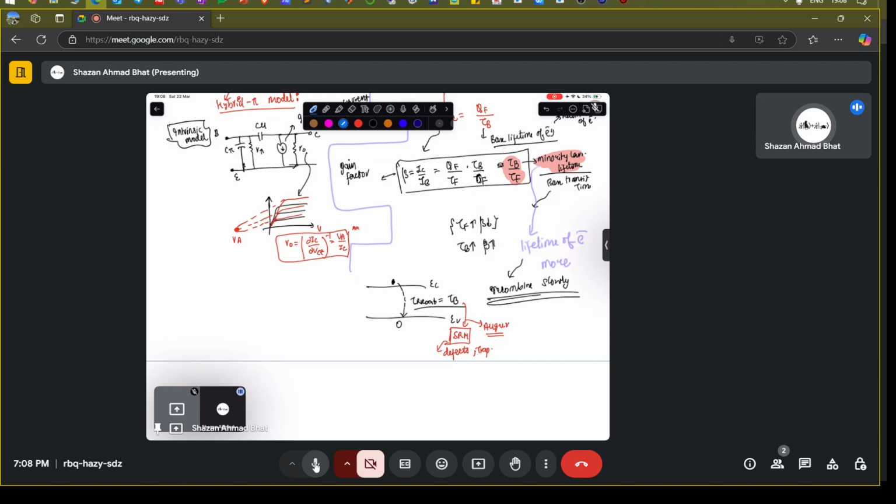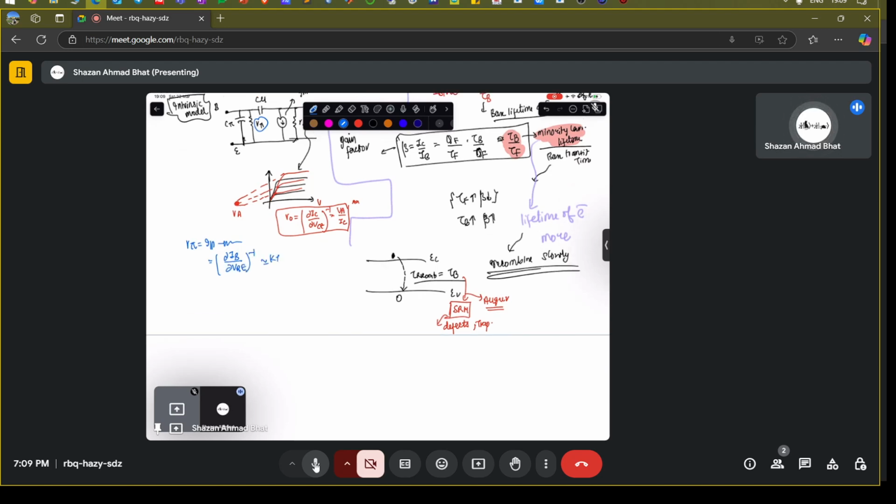Now, what is this R pi? This R pi is basically the input resistance, and it's equivalent to the inverse of dou IB over dou VBE, which is approximately kT over q times IB, which is approximately beta divided by GM, where beta is IC over IB.